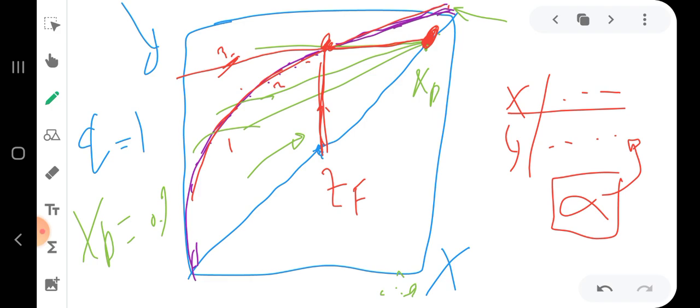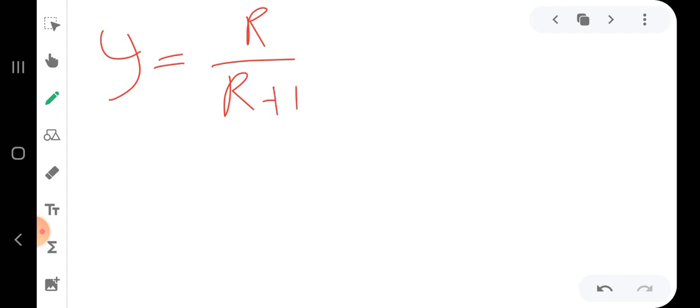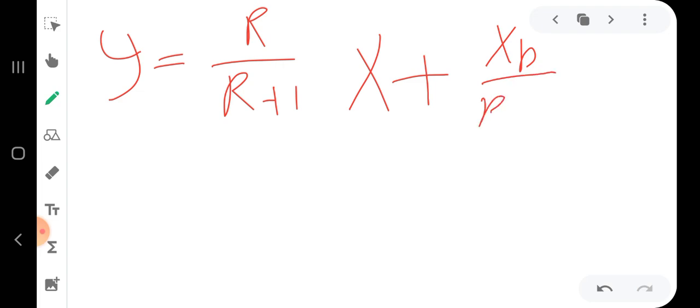Then I extend this line and see the intercept here. Suppose that I got an intercept value of, for example, 0.6, just for example. Remember this is the top section operating line, and from the previous lecture we got this equation for it: y is equal to r over r plus 1 x plus xd over r plus 1.